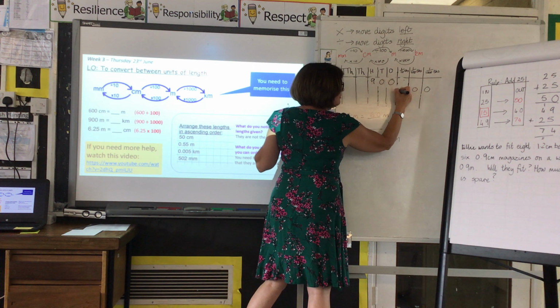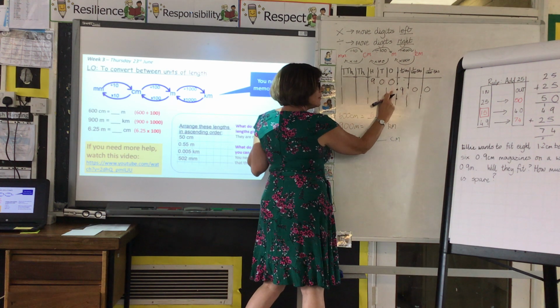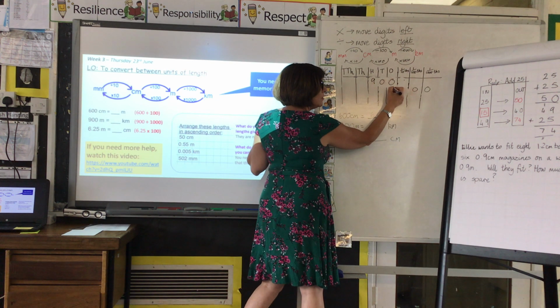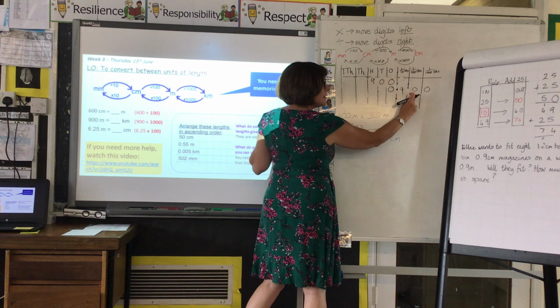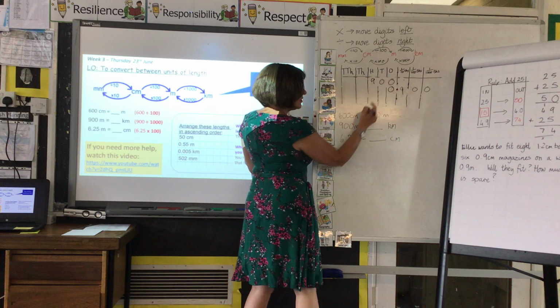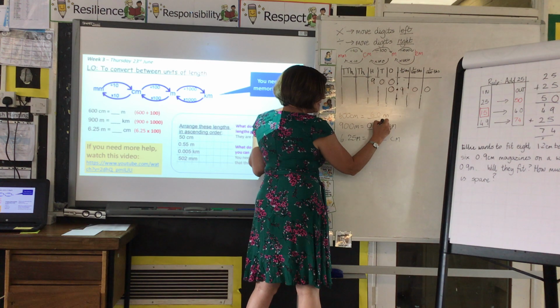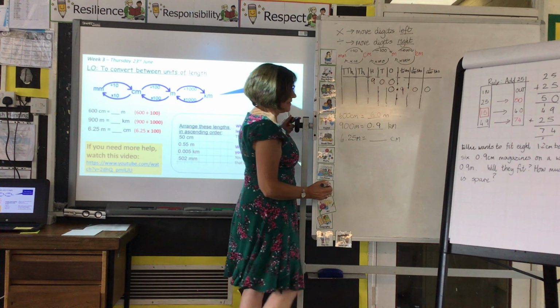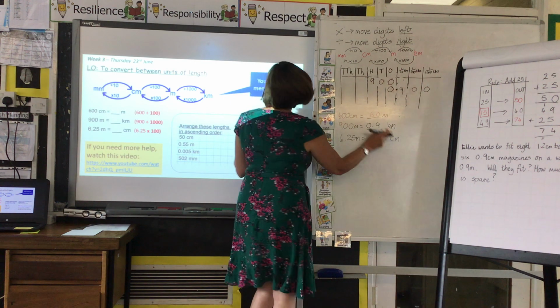Don't forget the decimal point never moves, and because you've ended up with nothing before the decimal point, you need to put in that 0 placeholder. And if you remember, I said with these zeros, the convention is that you don't really need them. So 900 metres is 0.9 kilometres.